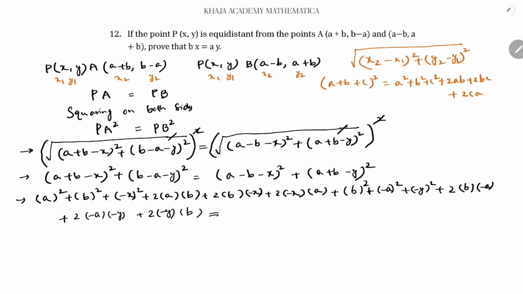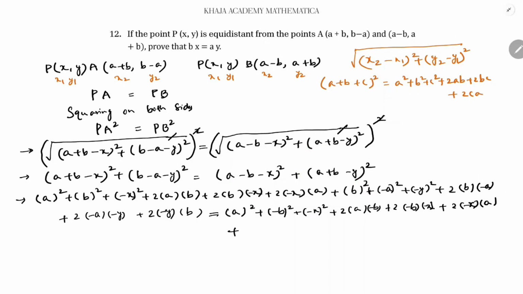For this again if I expand, it will be a square plus b square plus c square plus 2ab plus 2bc plus 2ca. So in place of a it's a, in place of b minus b, in place of c minus x. And the last one I need to expand.